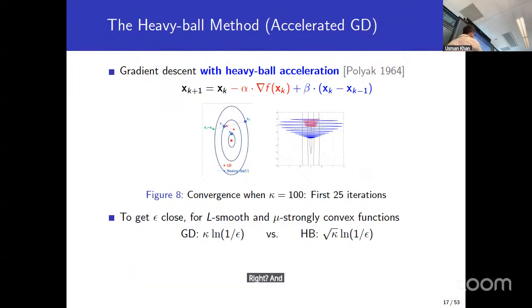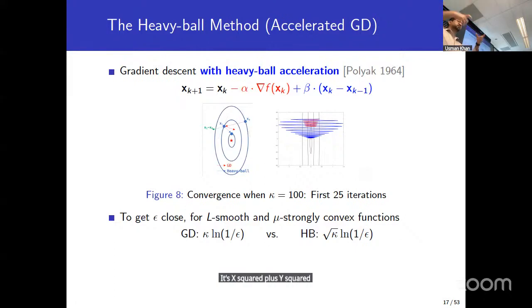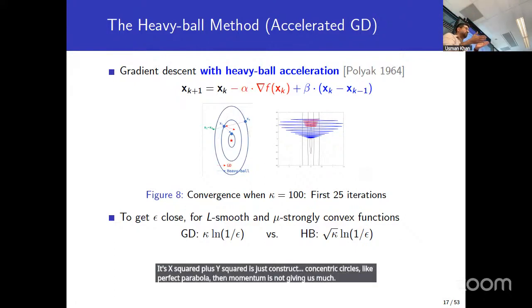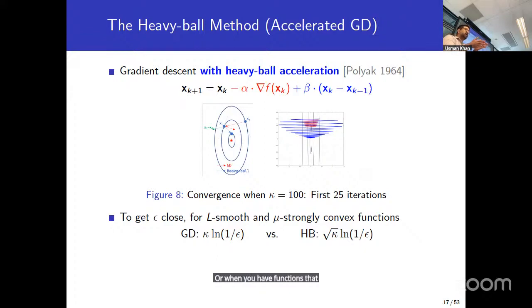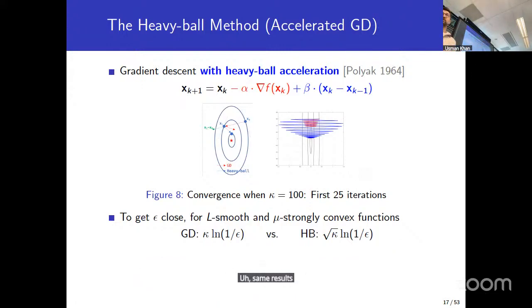And if this were a strongly convex function like x square plus y square, which is just concentric circles, right? A perfect parabola, then momentum is not giving us much. But when you have functions that are fast growing in one direction and narrow in the other, then momentum buys you a lot. The same results hold for convex functions and for non-convex functions.